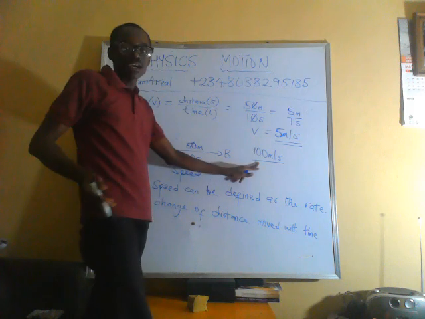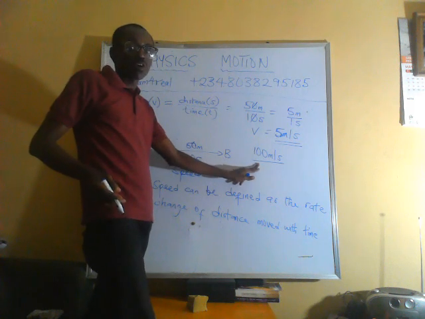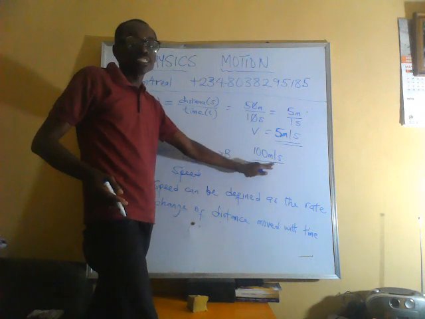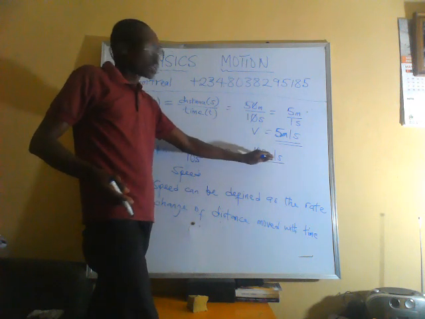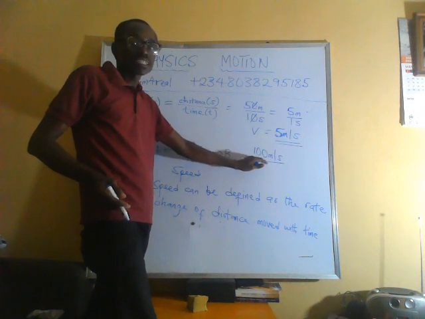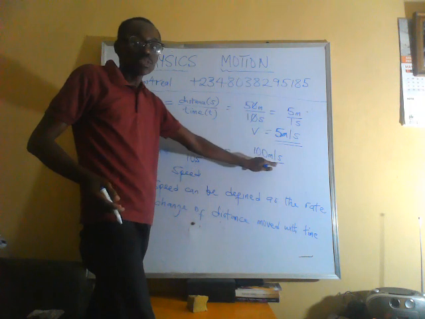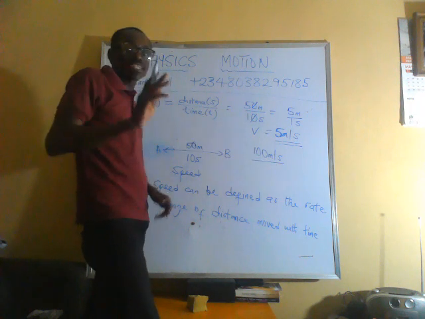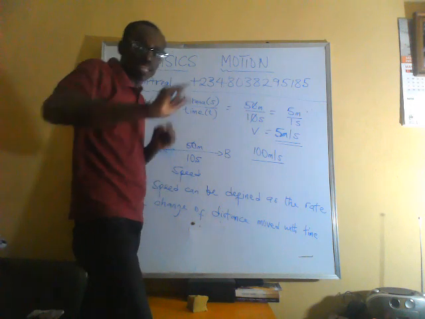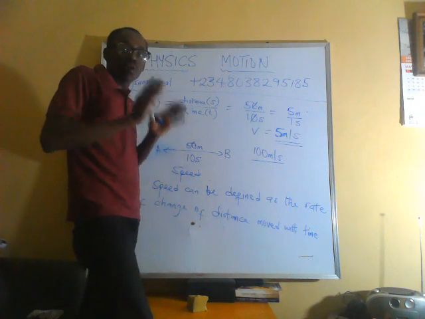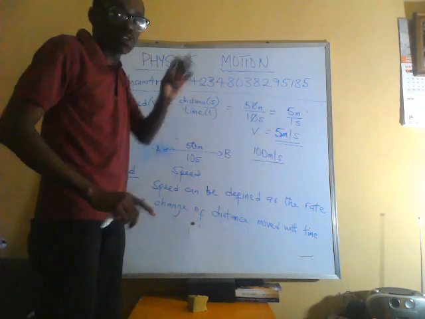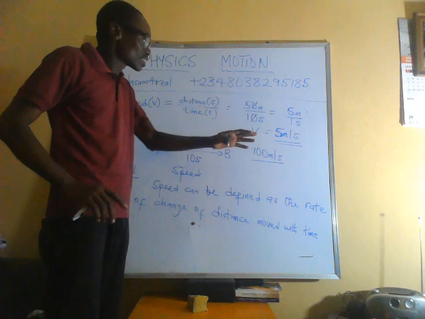If a car moves at a speed of 100 meters per second and they ask you what it means, this means that the car was able to cover a distance of 100 meters in 1 second. When 1 second elapses, the car will cover a distance of 100 meters. Another second elapses, it will cover another 100 meters.